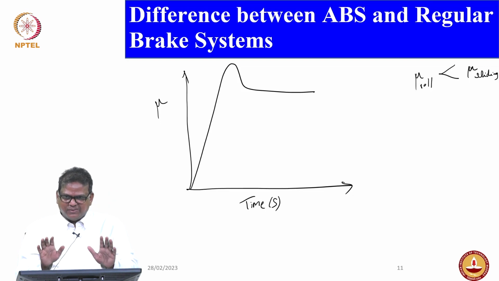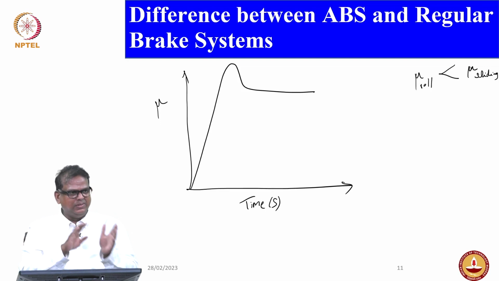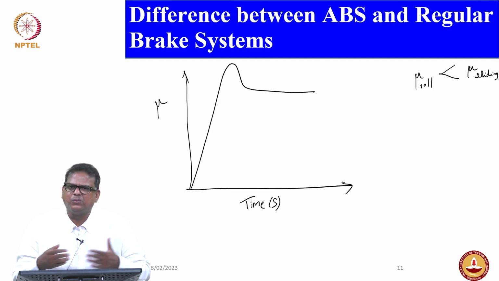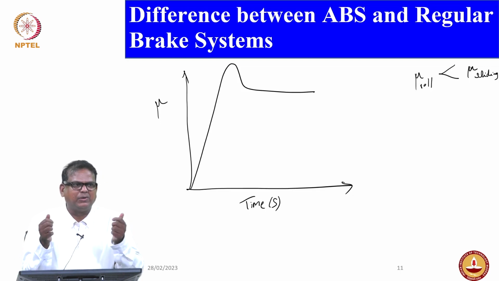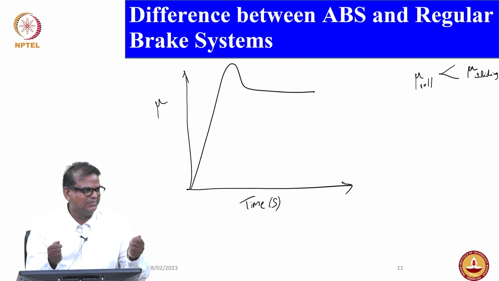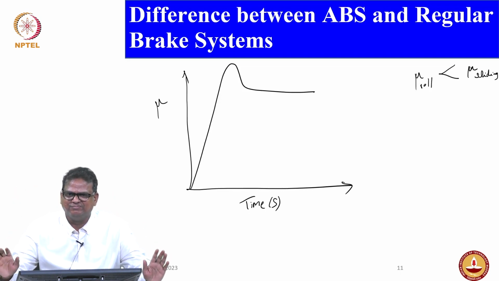Again apply the brake, then it will go to sliding. So when you give the pulses, it goes rolling and sliding and rolling and sliding. By doing that, what are you going to achieve? You have control of your vehicle. That is more safe, more reliable, rather than allowing the entire vehicle to slide.